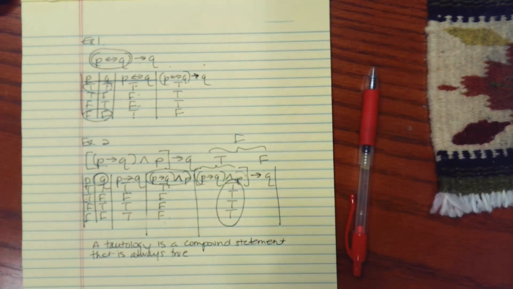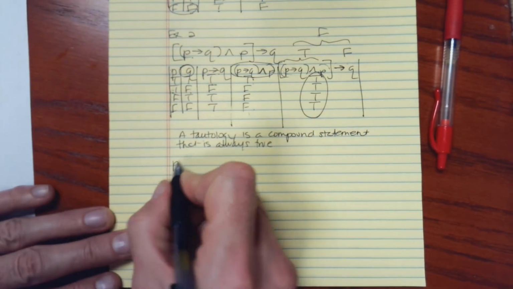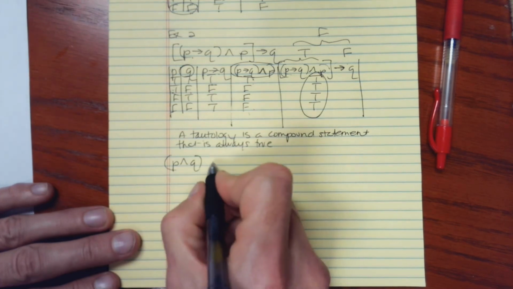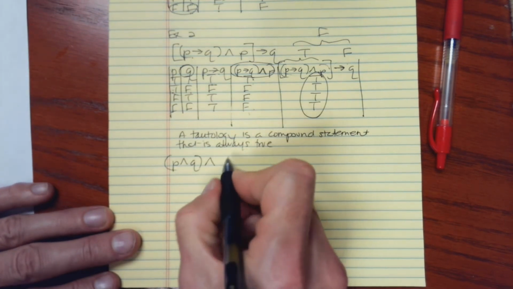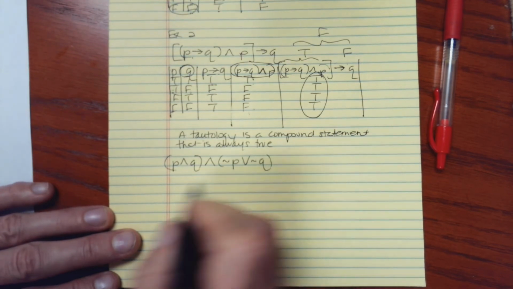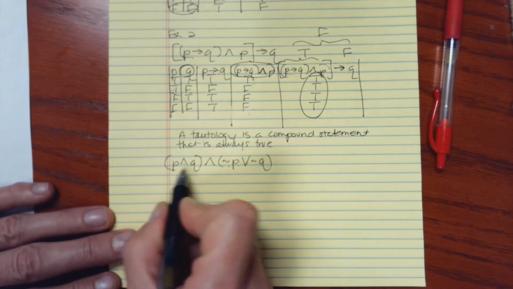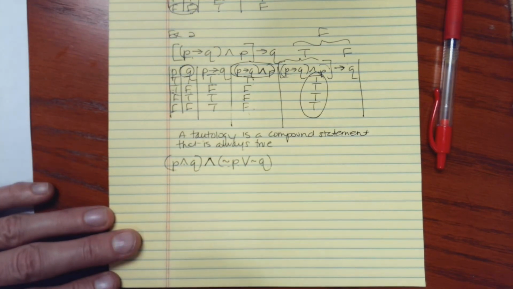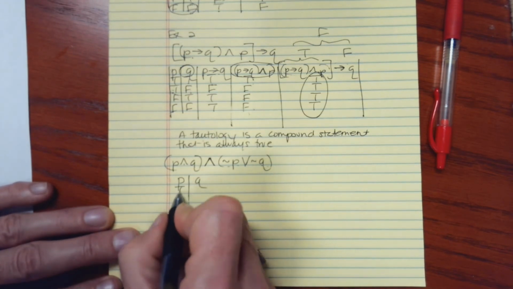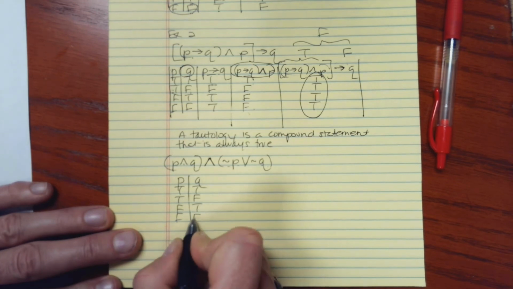Okay, let's do another example. Let me move this down so we can see. And this will be P and Q, so that's a conjunction. And then let's combine this with not P or not Q. So this is a disjunction, an or statement. This is a conjunction, an and statement, and I'm combining those with an and. So I'll need P and Q: true, true, false, false, true, false, true, false.